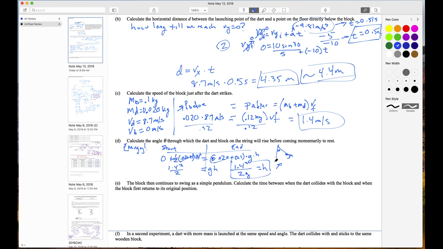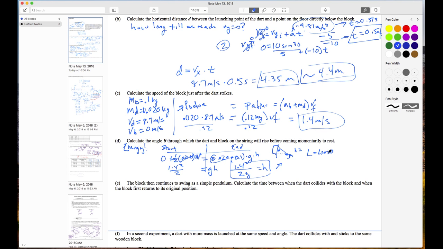It's important also to consider that this height really is equal to the length minus how much we have here, and that length there, if we project this string down, is the length times the cosine of the angle theta.